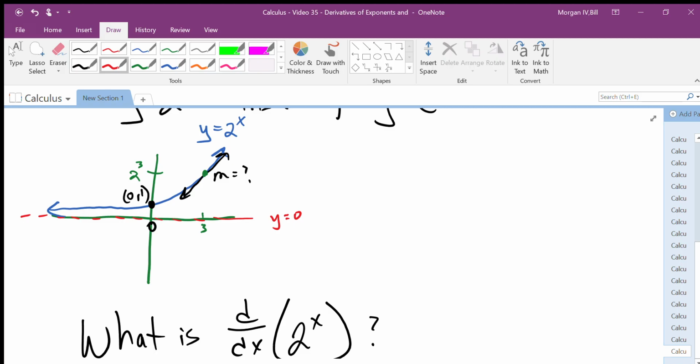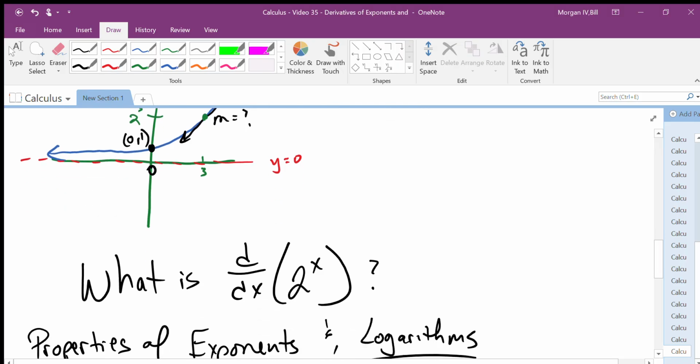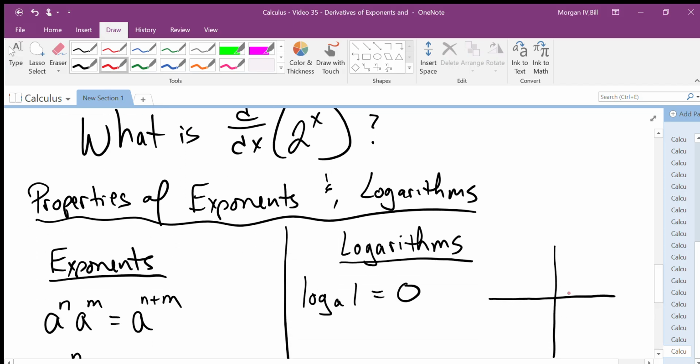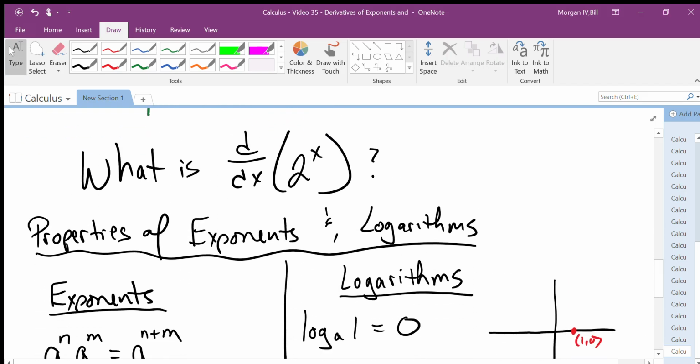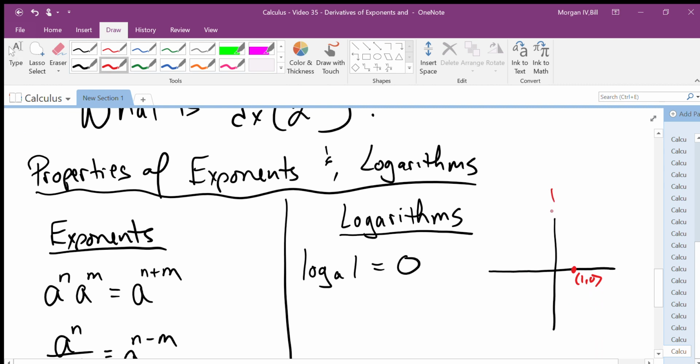Sorry, I said 1, 0 for the exponential; it's 0, 1. For the logarithm, instead of passing through the point 0, 1, it's going to flip the x and y and pass through the point 1, 0. Instead of a horizontal asymptote at y equals 0, we will have a vertical asymptote at x equals 0 because it's an inverse function, and the logarithmic graph looks something like this.